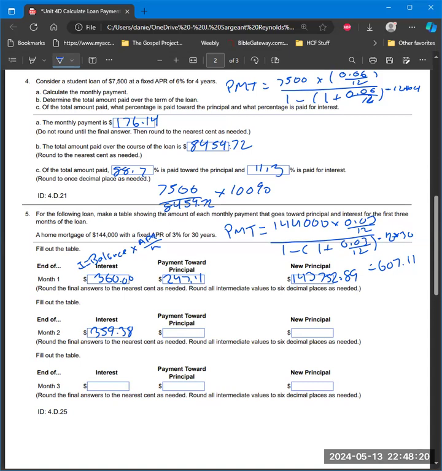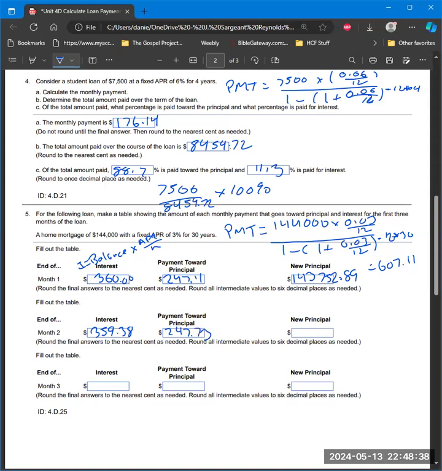So let's take our 607.11 minus our 359.38. We get 247.73 going to principal.